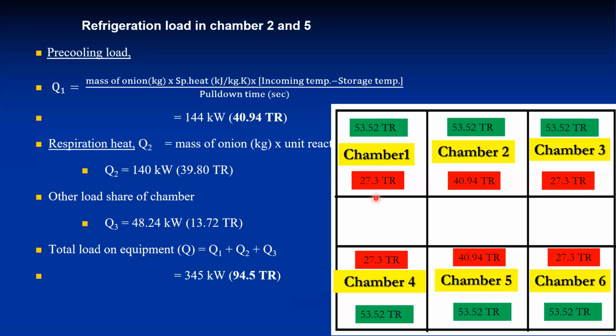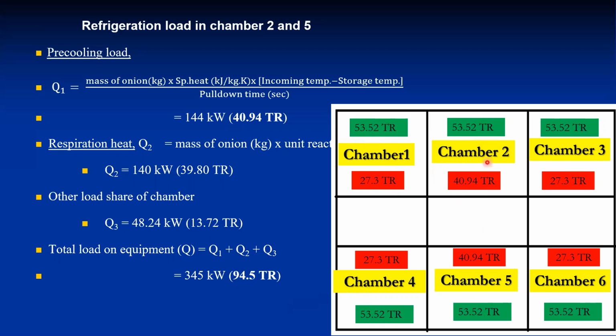That is chamber 1, 3, 4, 6, of 27 TR and 16 TR, 15 TR respectively. Here the requirement is slightly more. So 20 TR, and here again almost 26, 27 TR.